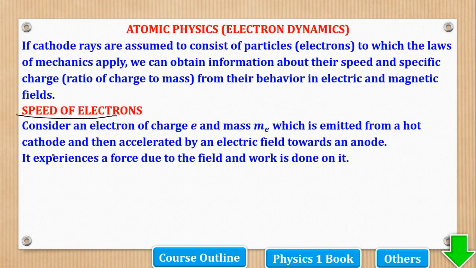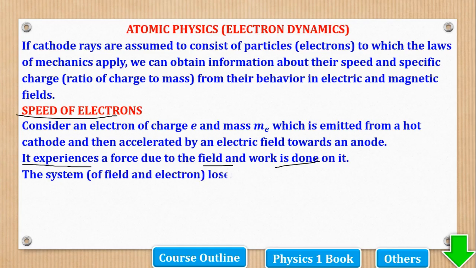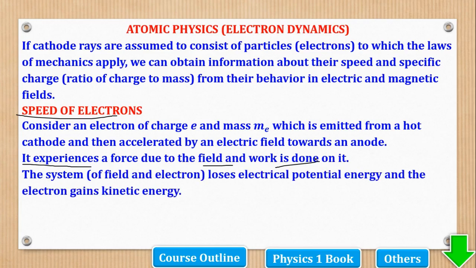So this electron experiences a force due to the field and work is done on it. We shall illustrate later, but let's first look at this. The system, in brackets the field and the electron, loses electrical potential energy and the electrons gain kinetic energy.